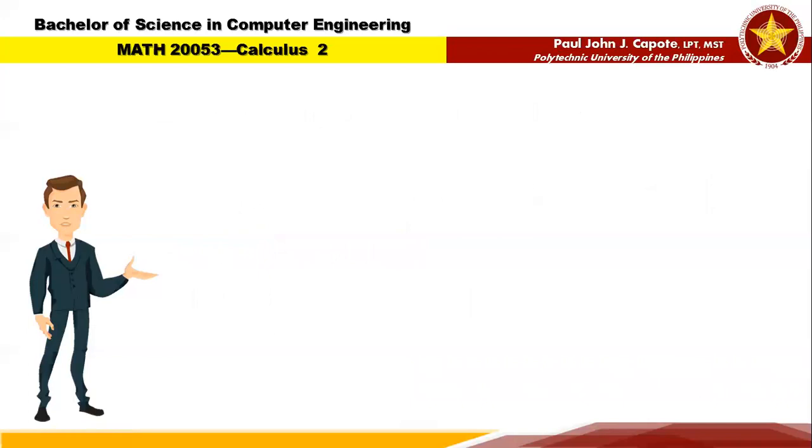Let's have example number 3. We have the integral of 2x plus 9 all over x squared plus 2x plus 5 dx.